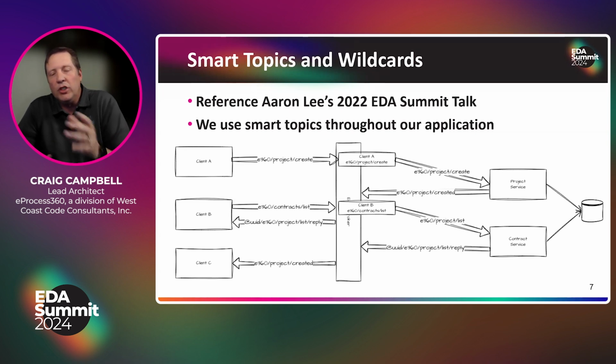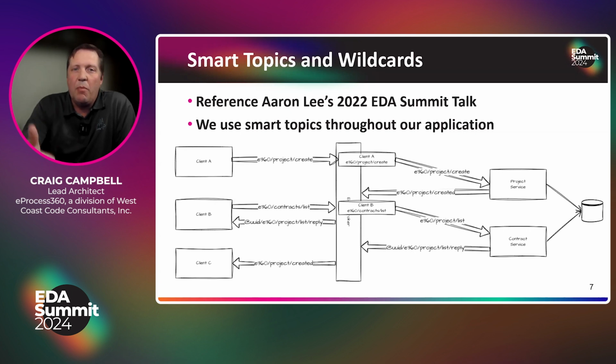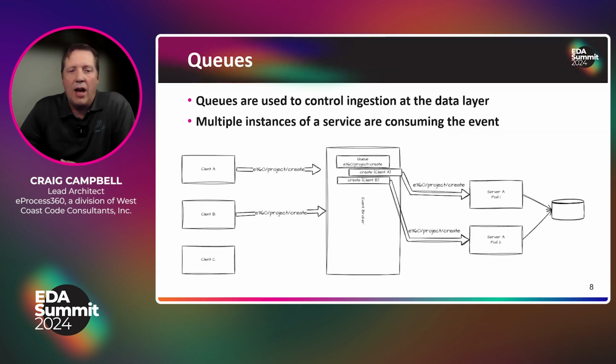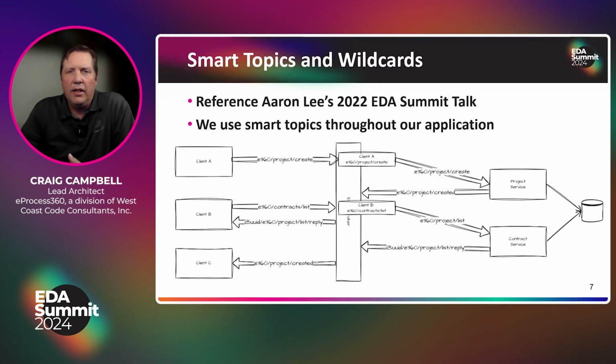And we do use smart topics quite extensively through our system. Like I said, EDA is the backbone of our system. And so we're looking for clients who are publishing the topics, and when they publish that topic, then the service can spin up and take that event, either process it and kick out new events, or respond to it.